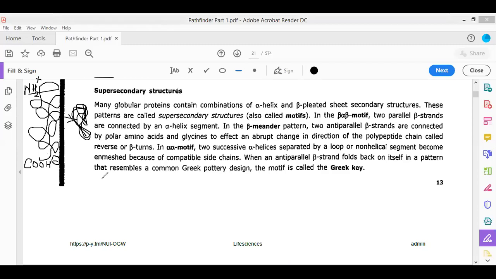There are basically different types of turns. One is referred to as the alpha turn, another one is the beta turn, and the third one is the gamma turn. So these are the three basic types of turns which are present. We are going to talk firstly about alpha turns, beta turns, and gamma turns.